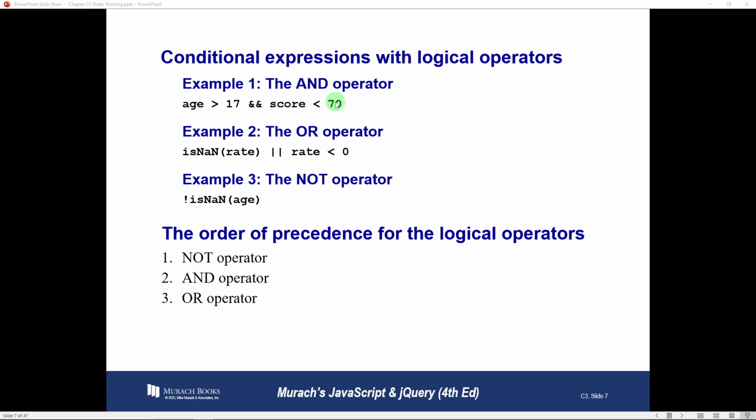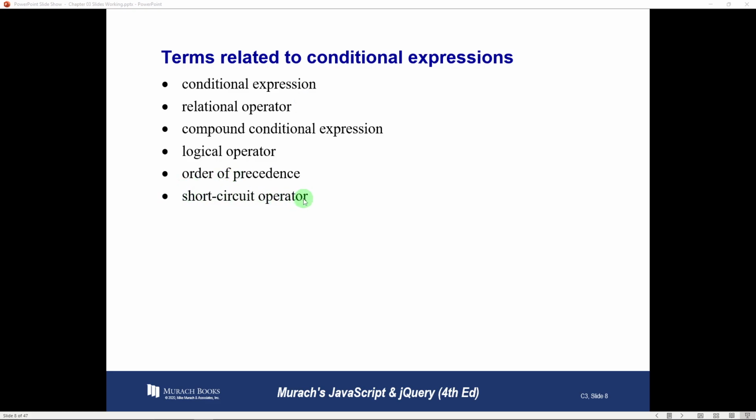So short circuiting can cause some pretty tricky bugs in your code. So it's important to understand that that happens. If there's no reason to test the second expression, then the second expression will not be tested. And that's short circuit operator.